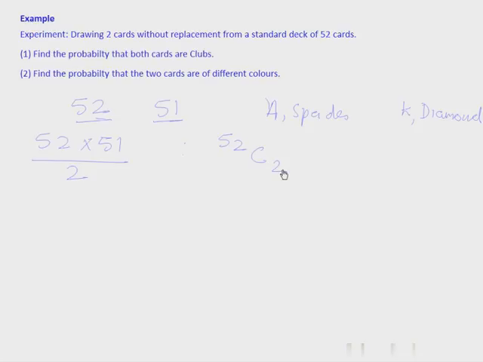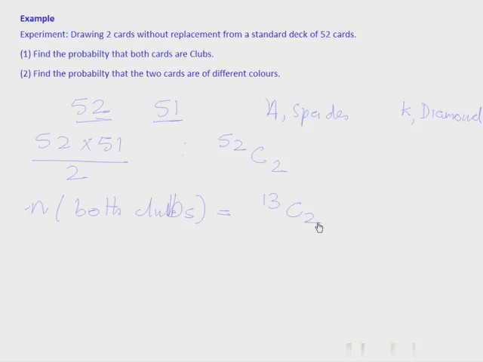Find the probability that both cards are clubs. The event is both cards being clubs. How many clubs are there? There are 13 clubs and I need to choose two clubs from 13. So the number of outcomes where both are clubs is 13 choose 2. There will be 13 choose 2 pairs where both will be clubs.